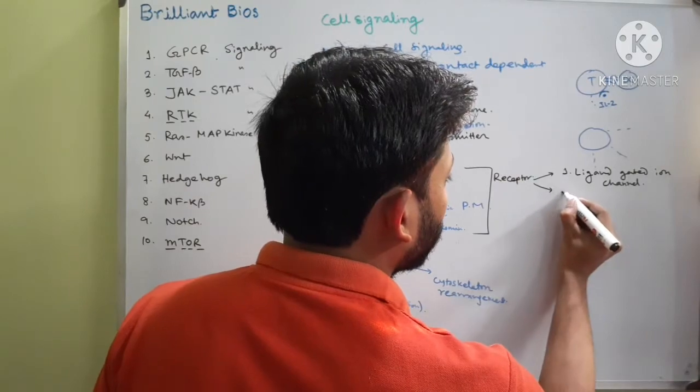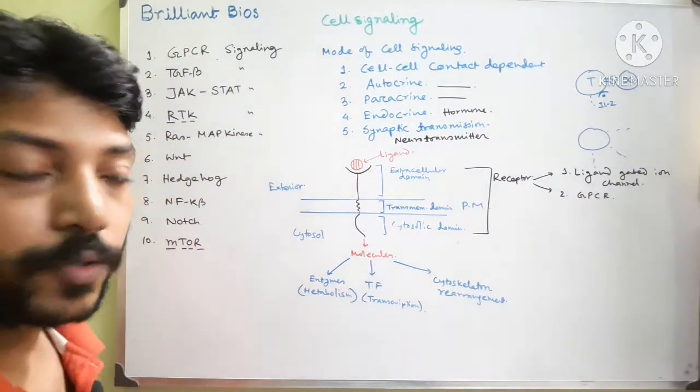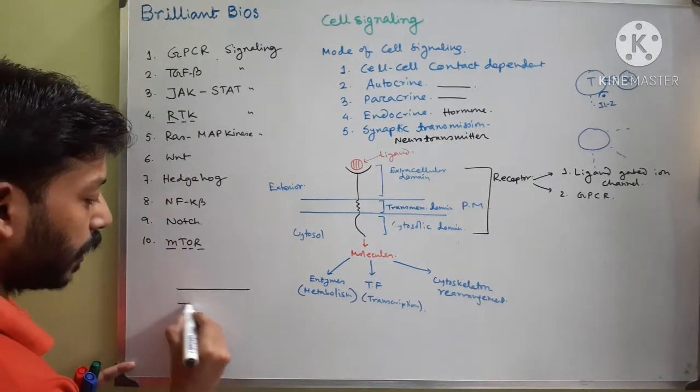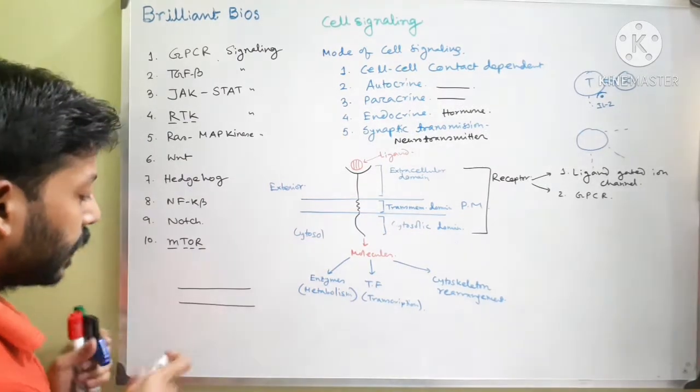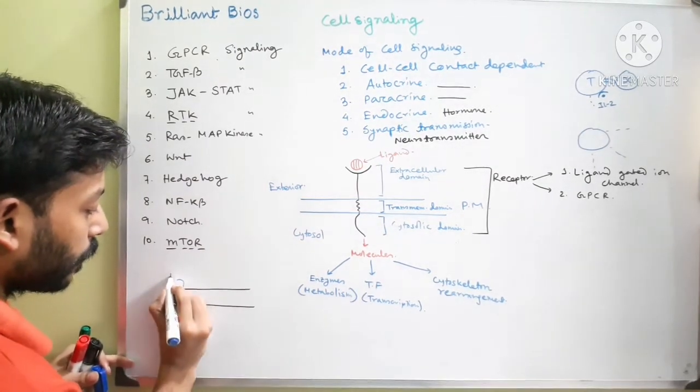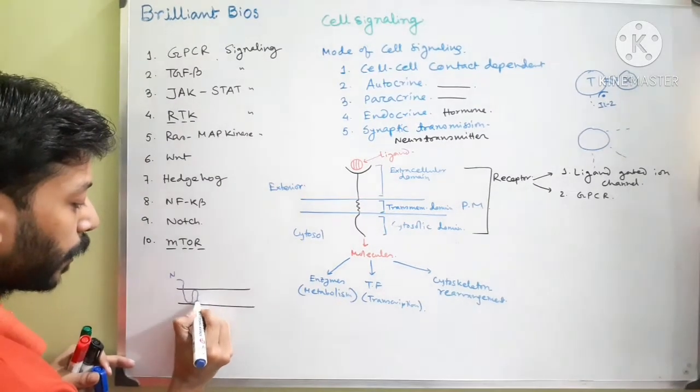The second type of receptor is the G protein coupled receptor. G protein coupled receptor is a 7 transmembrane protein. Let's suppose this is a plasma membrane. Then this G protein coupled receptor looks like this. It has an N-terminal domain outside like this, then the transmembrane domain passes through the membrane 7 times.